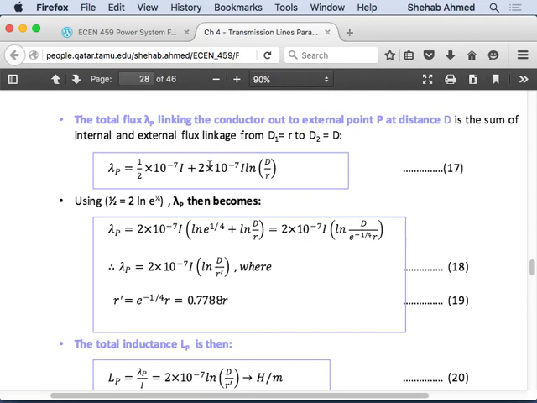So they took the 2 times 10 to the minus 7 as a common factor outside, and then they used this identity to make this natural log e to the 1/4 plus natural log D over R, and you end up with this term here. And they took this e to the minus 1/4 R, and they call this R prime. So they just did some simplifications, but it's nothing but 0.7788 times the radius of the conductor.